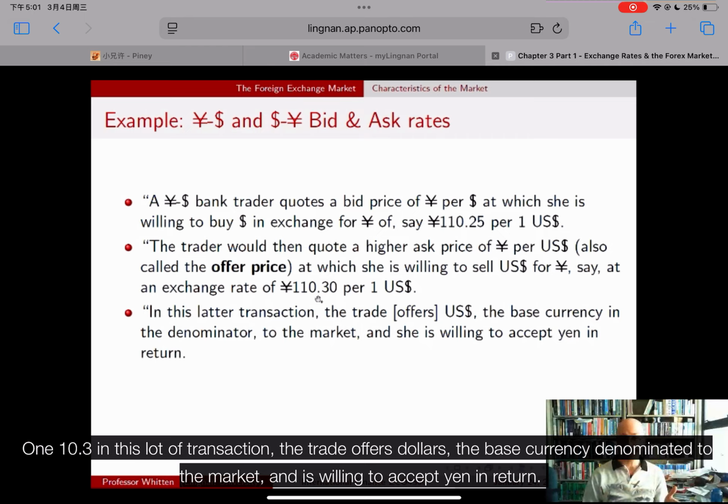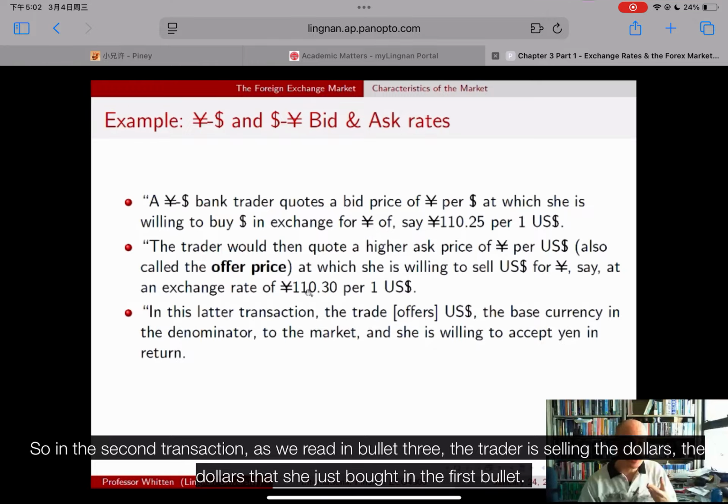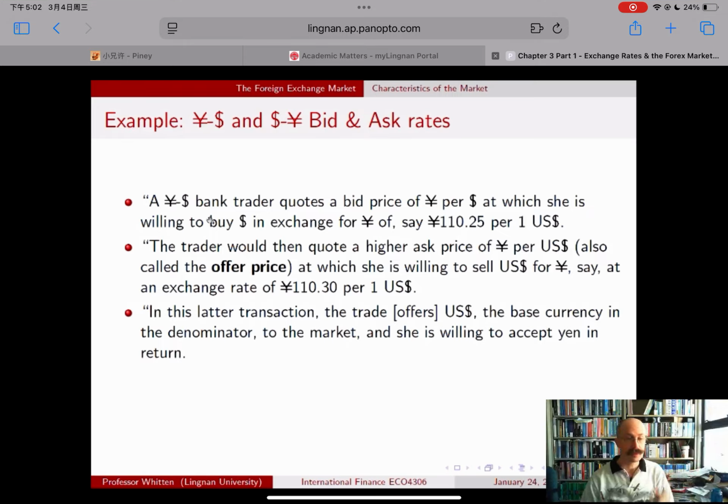In this latter transaction, the trader offers dollars, the base currency denominator, to the market, and is willing to accept yen in return. So, in the second transaction, as we read in bullet 3, the trader is selling the dollars that she just bought in the first bullet.